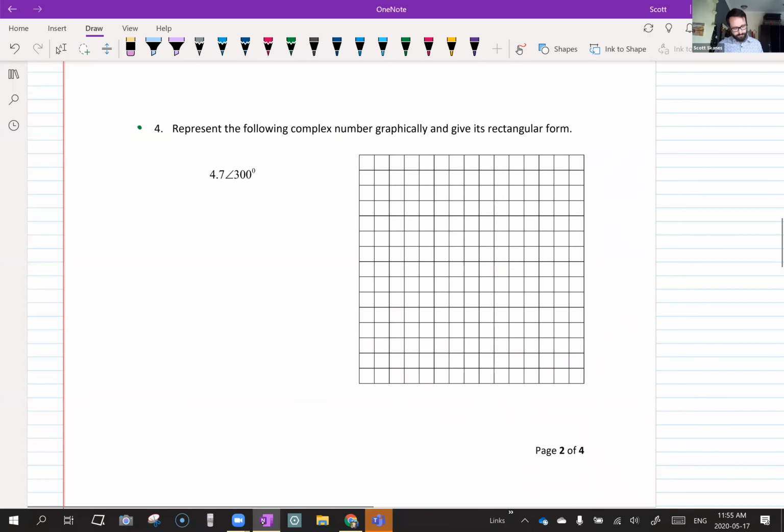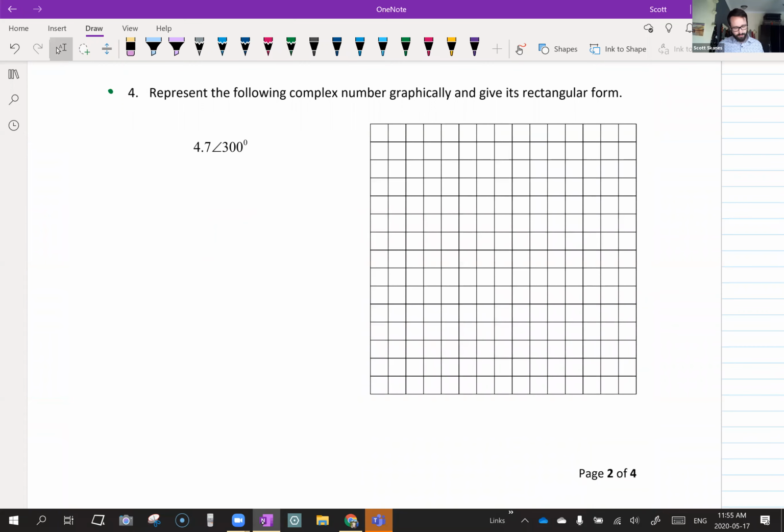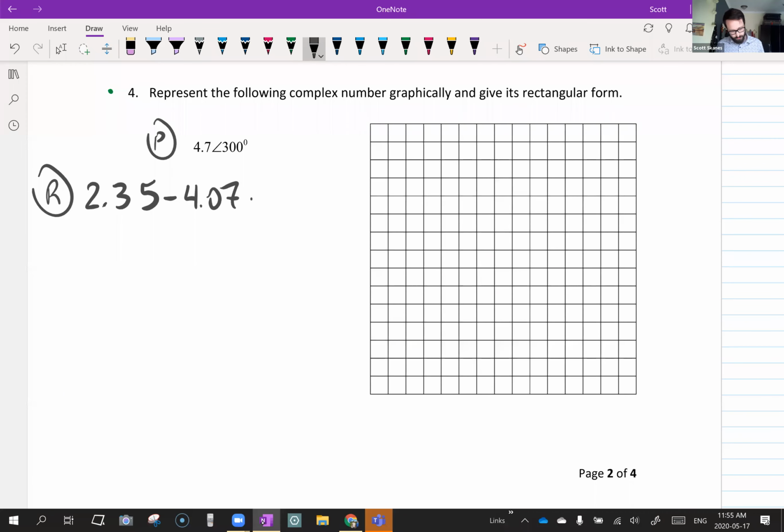This next one, represent the following complex number graphically and give its rectangular form. Let's do that one quickly. This is in polar form. What is it in rectangular form? Well, 4.7 cosine of 300 is 2.35. And then 4.7 sine of 300 is minus 4.07.